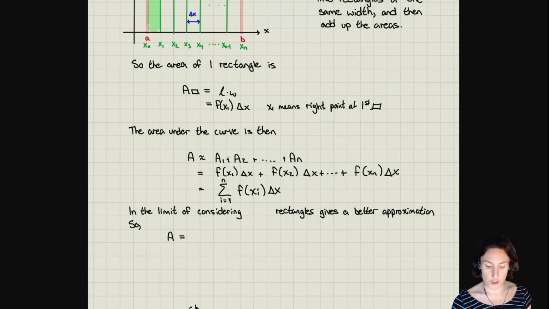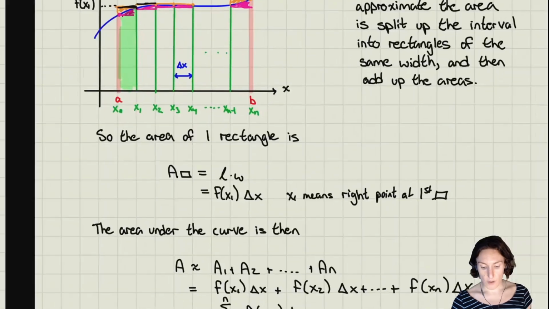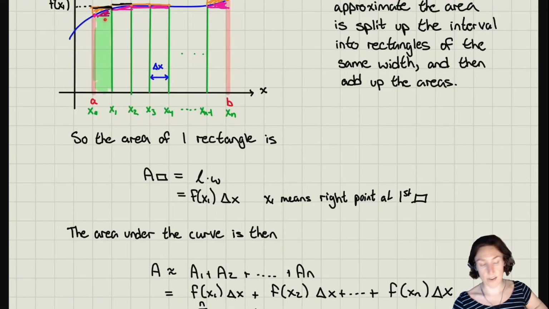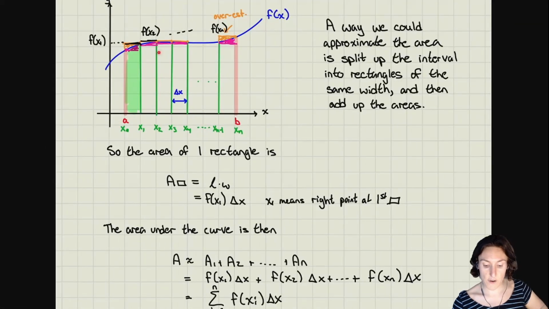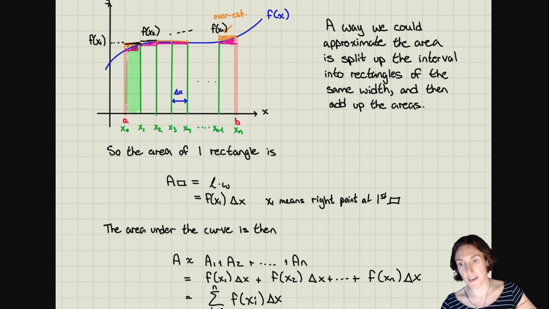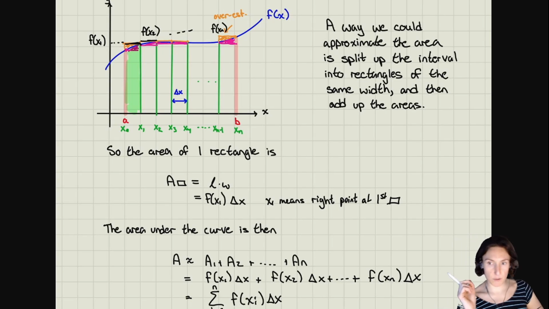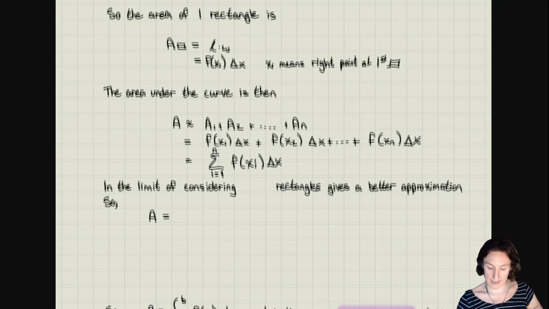But this is still just a crude approximation, right? If I double the amount of rectangles I have, this area, when I add them up, will be more precise. If I triple them, it'll be better. If I quadruple them, even better. So if I think about the limit as n goes to infinity, infinitely many rectangles, I would be able to get my area exactly.